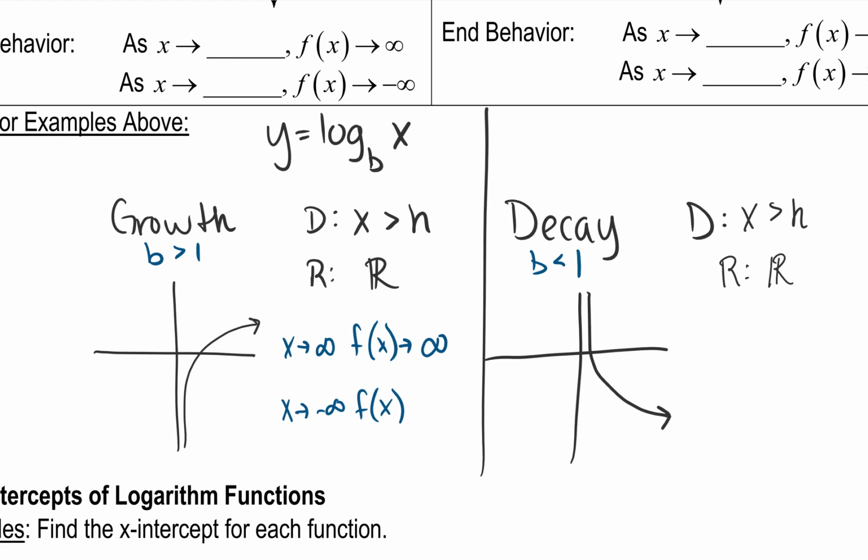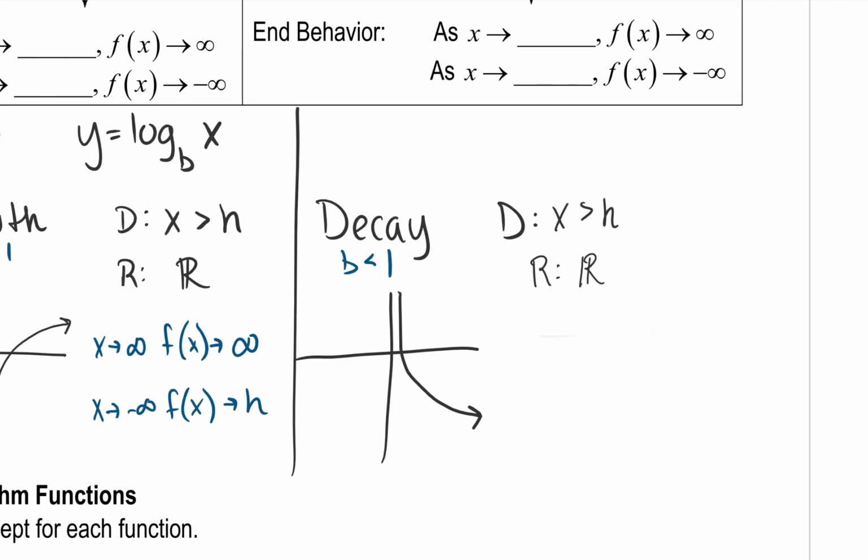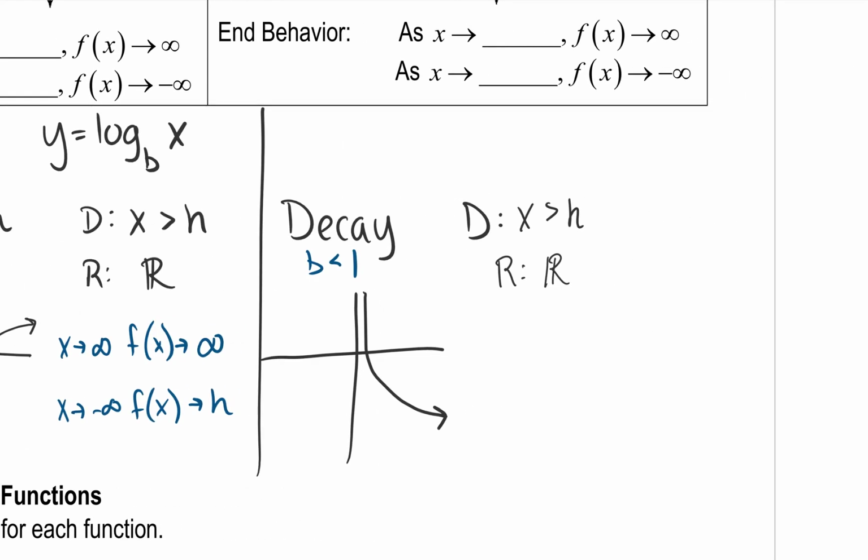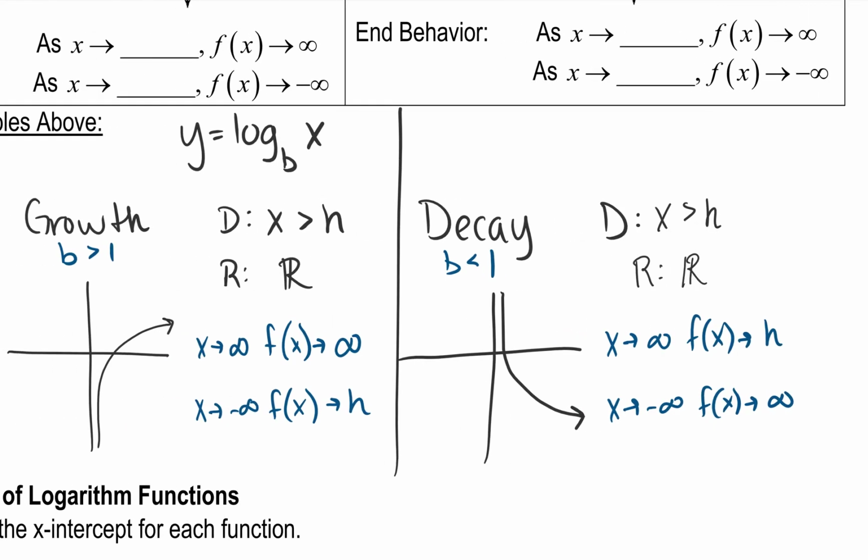We're going to be going to h. So again, it's just the exact opposite of what we did before. So decay, as x goes to positive infinity, f of x goes to h. So again, it's just a reverse of growth. As x goes to negative infinity, f of x goes to positive infinity. So I take my answers and I change them. So that's all we got to do right here.